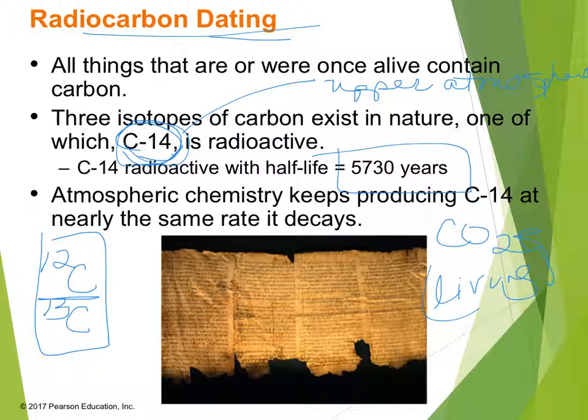When that tree dies, it's no longer part of the carbon cycle, so it stops processing new carbon-14, new CO2, and the carbon-14 that it had within it when it was alive continues to decay over time. So that original ratio of carbon-14 to carbon-12 when something is living starts to go down after that something dies. And depending on how much that ratio reduces tells us how long that substance has been dead.